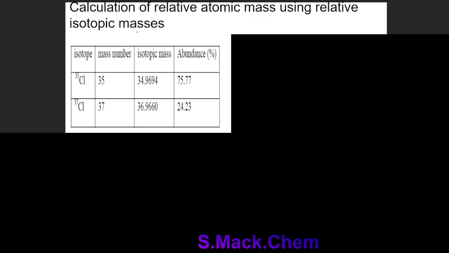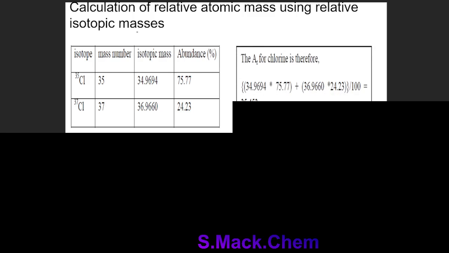Now, abundance, as seen here, is a percentage and should add up to 100%, but there has been at least one CAPE question where the abundance did not add up to 100%. We will look at that question later on. For now, let us calculate AR, which is relative atomic mass.